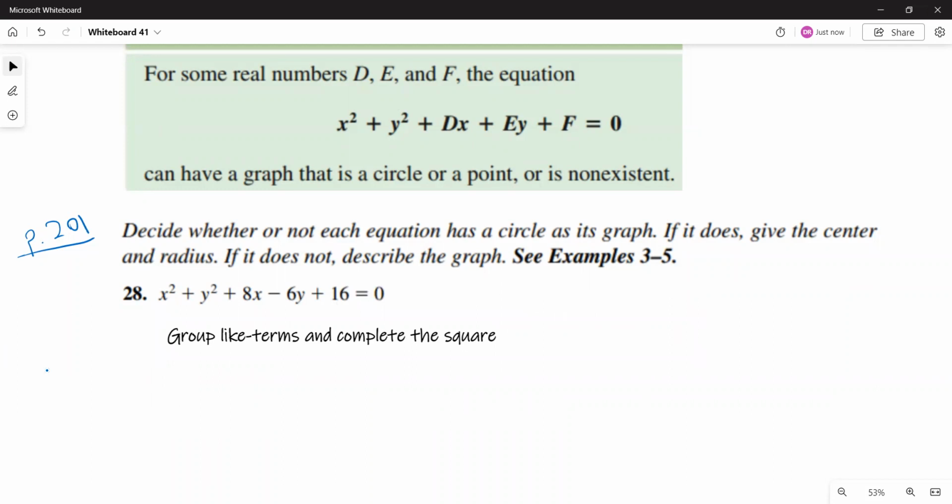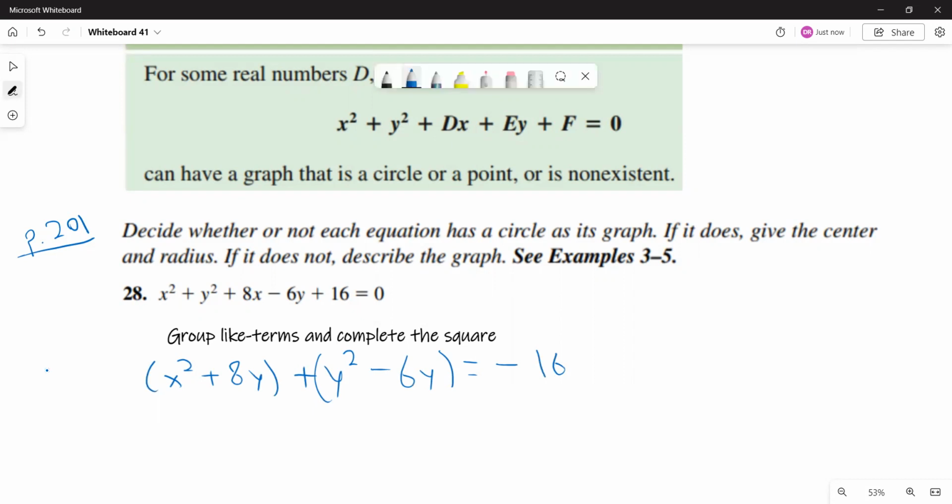So that's the same equation. All I'm doing is rearranging terms. We are going to group the terms with x, group the terms with y, and we're going to bring the plus 16 to the other side. So I didn't do anything different. All I did was rearrange the terms, and now we're going to complete the square. So we're looking for a perfect square trinomial.